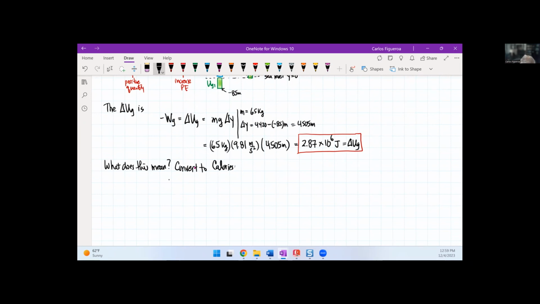So the potential energy change is 2.87 times 10 to the 6 joules. Our conversion is roughly 4,200 joules for 1 calorie. Let's call it a cal for right now. And if you add that up, that's 683 calories.